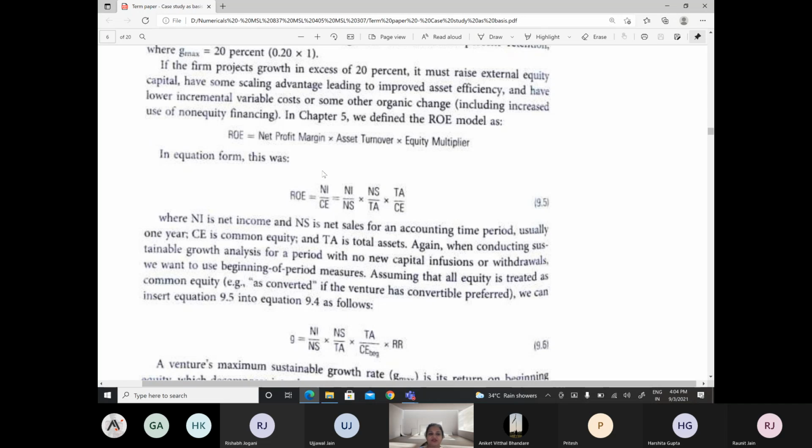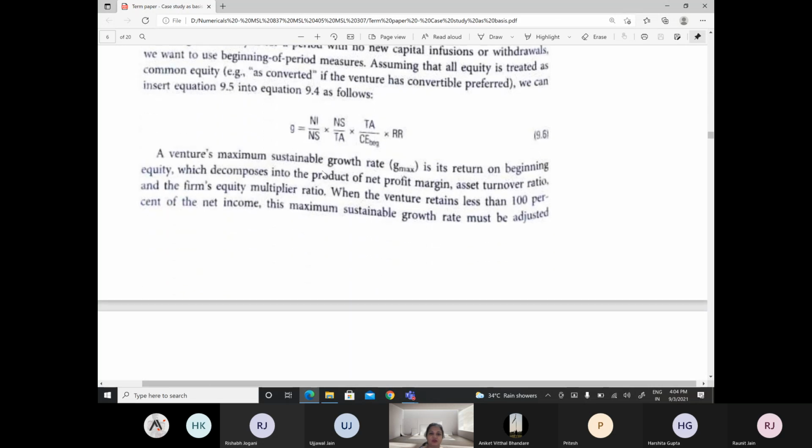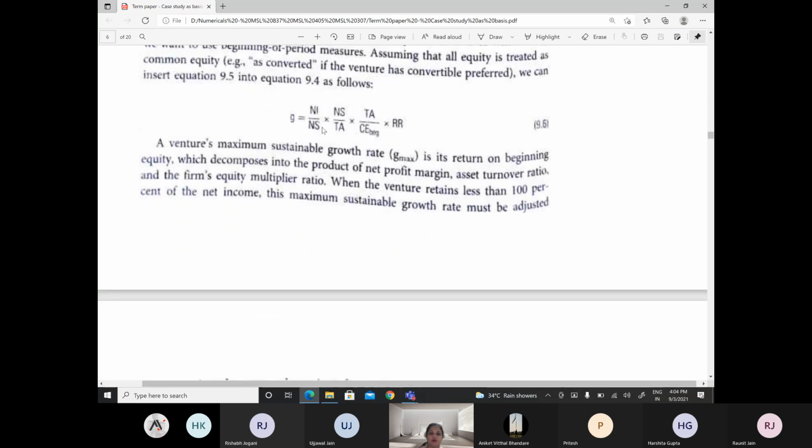Assuming that all equity is treated as common equity, that is as converted, if the venture has convertible preferred equities, we can insert equation 9.5 into equation 9.4 as follows. So this then becomes NI upon NS into NS by TA into TA by CE beginning. NS cancels, TA cancels, and it will come back to your original equation of NI upon CE into RR.